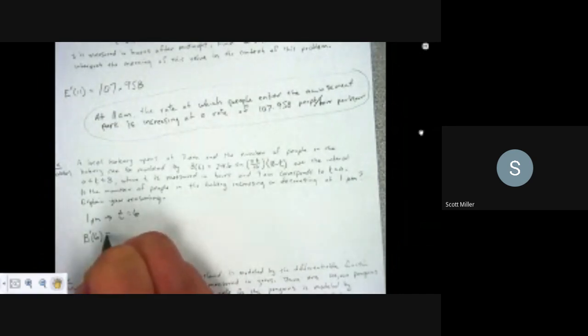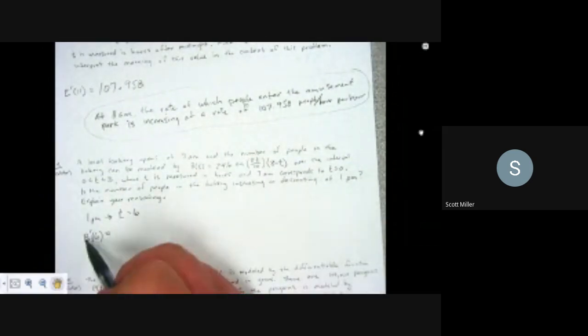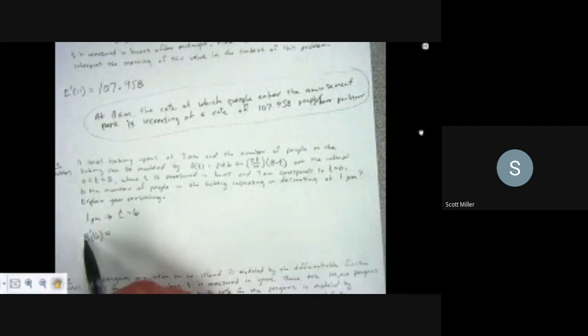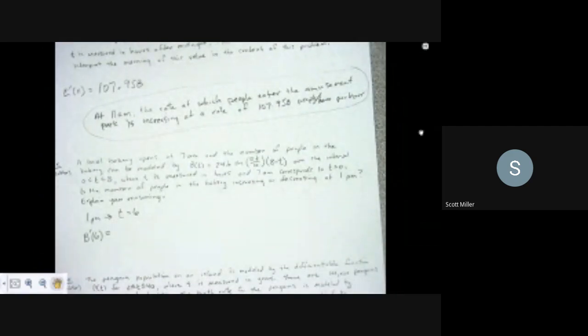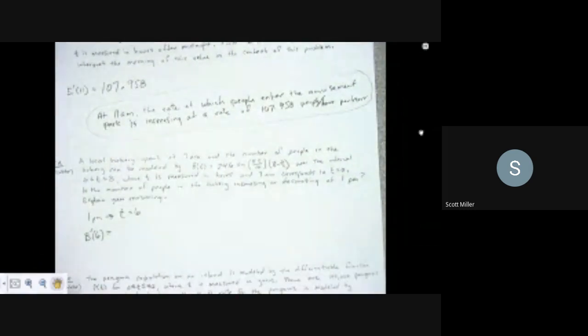Okay? Increasing or decreasing requires us to find the derivative of the function. The job of the derivative is to determine, one of the things it does, if the original function is increasing or decreasing. So just like we did up above, this is a calculator problem.